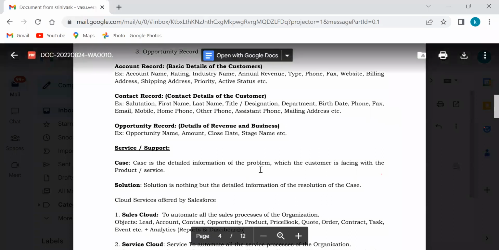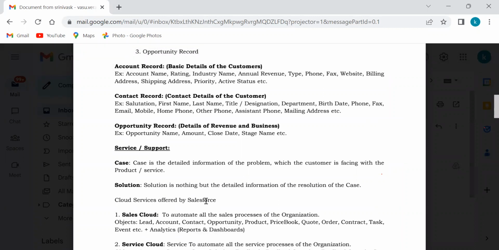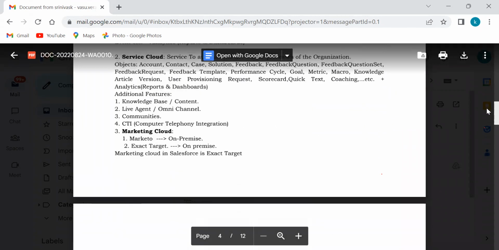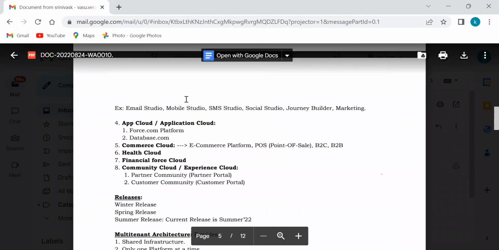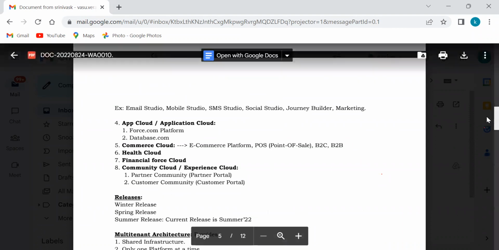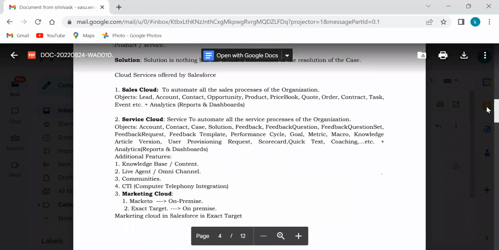Then next, what are the cloud services offered by Salesforce? Salesforce is offering many cloud services, like Sales Cloud, Service Cloud, Marketing Cloud, App Cloud or Application Cloud, Commerce Cloud, Health Cloud, Financial Force Cloud, and Community Cloud or Experience Cloud. These are the various cloud services offered by Salesforce.